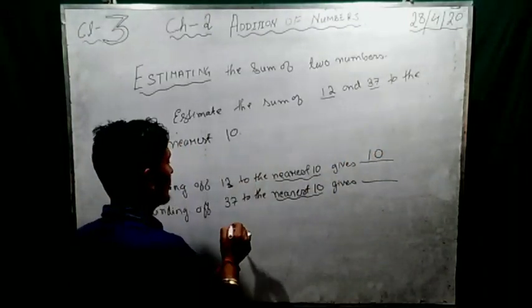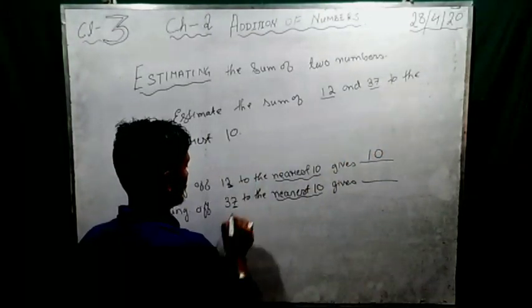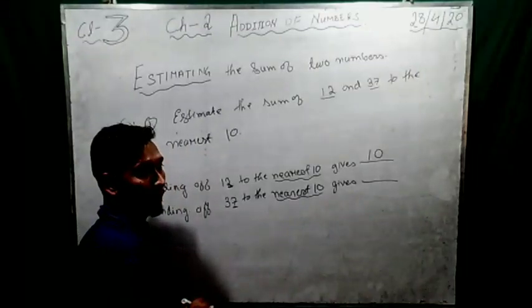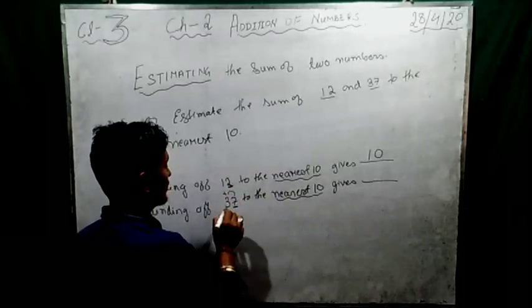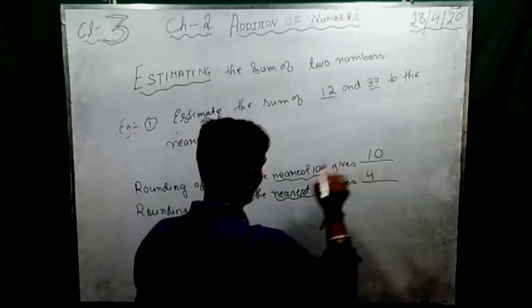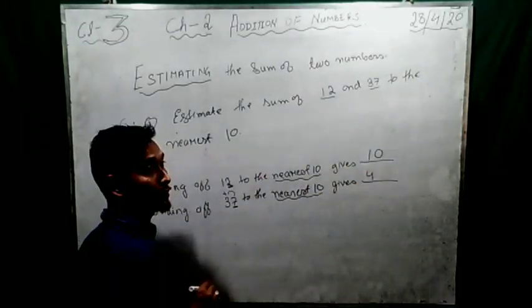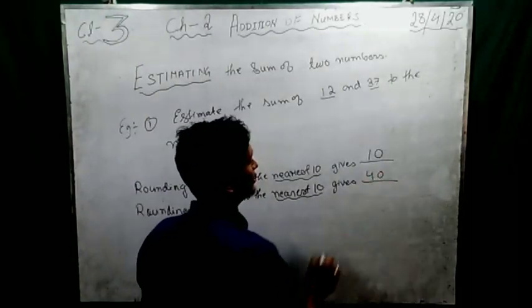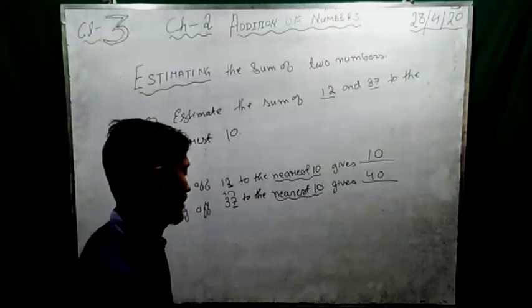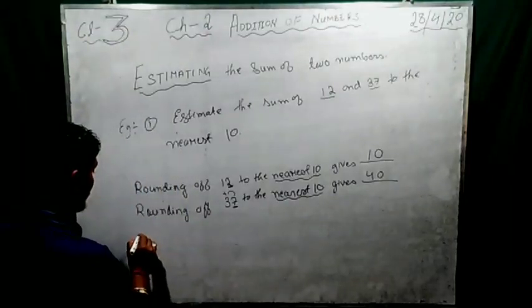Clear? Now 37. See this 7, the ones place number. It is more than 5, so we have to add 1 here. 3 plus 1 is 4, and 7 is replaced by 0. Clear?